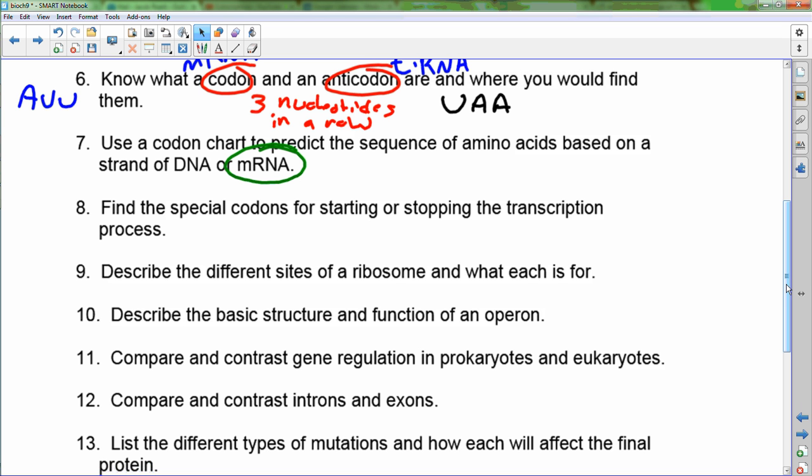You have to write down the complementary messenger RNA strand to be able to find the sequence of amino acids, because the codon chart is based on that messenger RNA strand. So be careful about that. If you're given the DNA, make sure you make the messenger RNA before you use the codon chart.